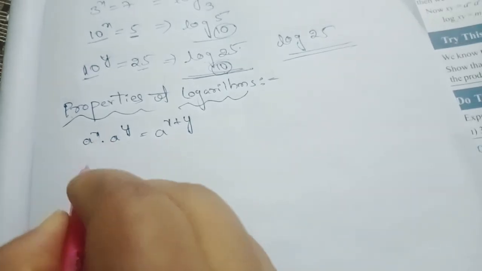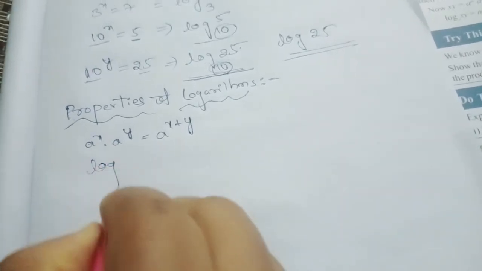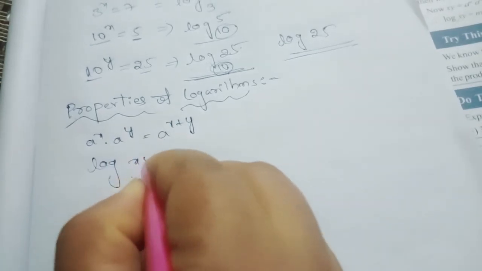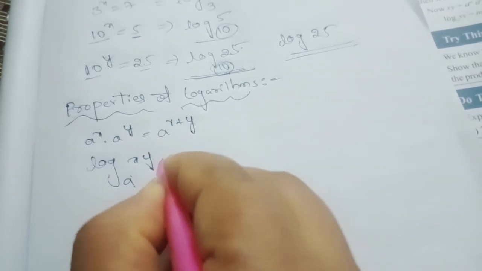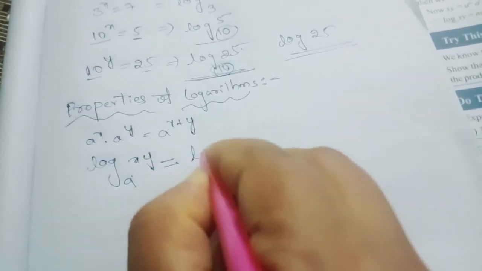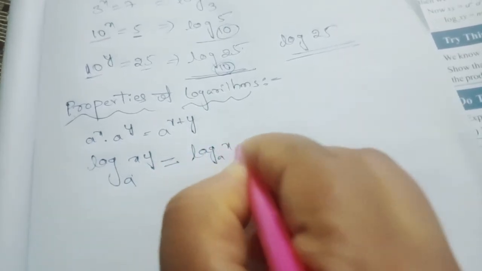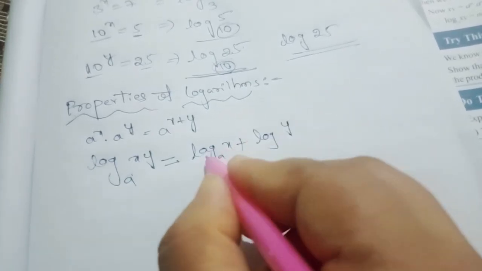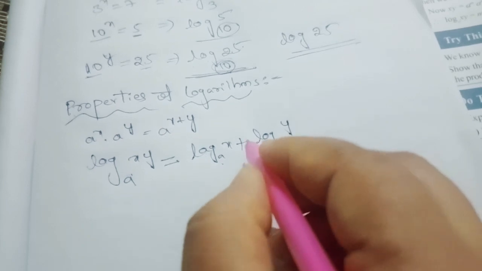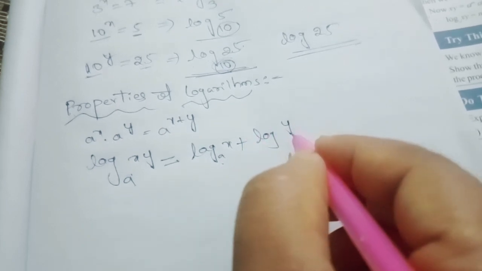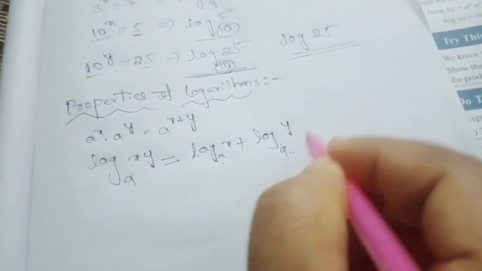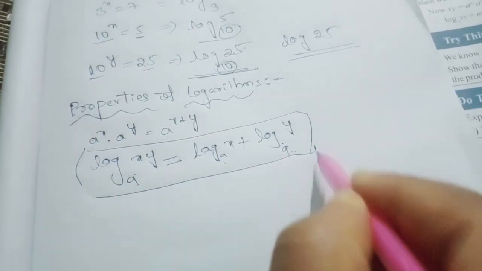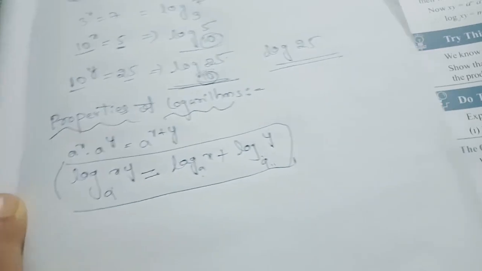So we can write logarithm: log xy base a is equal to log x base a plus log y base a. Here read it as log x base a. This is the formula, you must remember this.